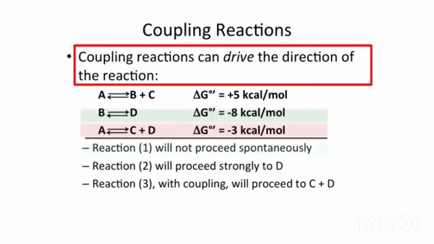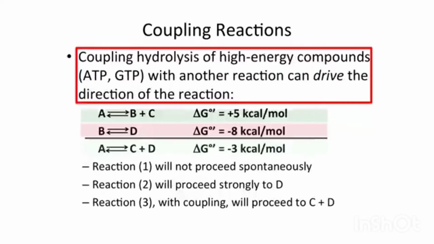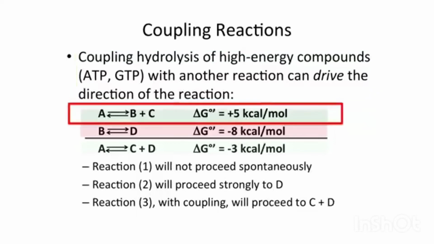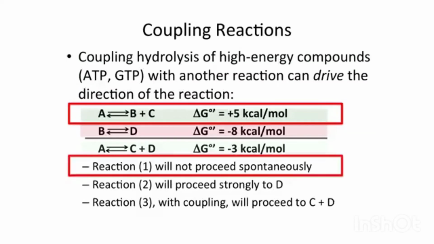It turns out if you couple reactions, you can use the energy of one reaction to pull reactants in the direction of products. And in particular, coupling hydrolysis of high energy compounds like ATP and GTP, which we will see over and over again as we go along in this course. So let's look at this reaction. If we have A going to B plus C, we have a plus 5 kilocalorie delta G naught. This reaction is not going to proceed spontaneously.